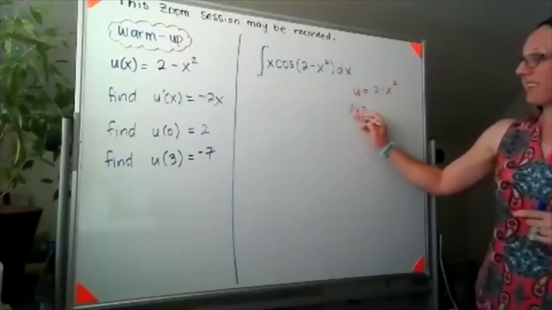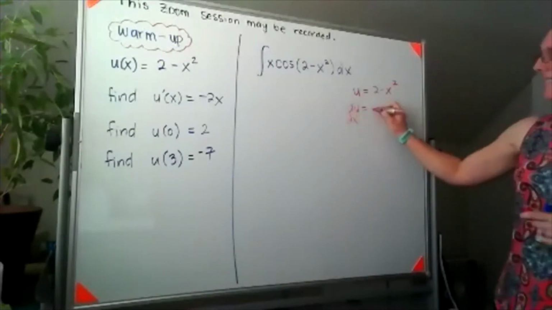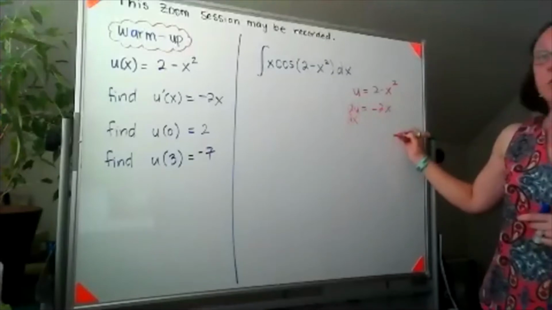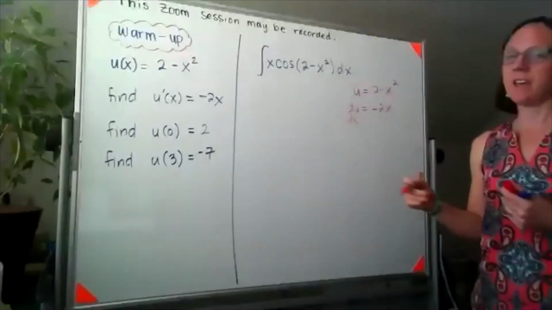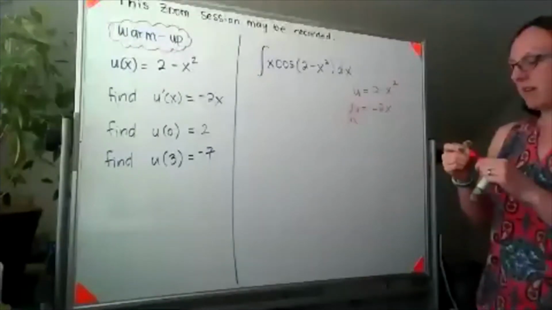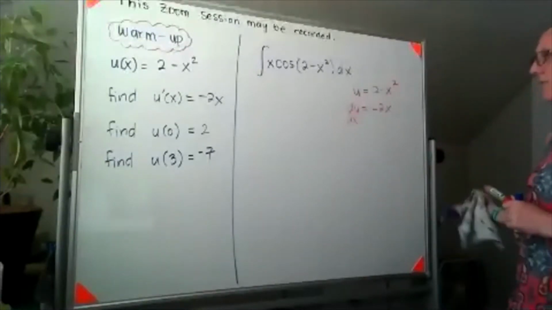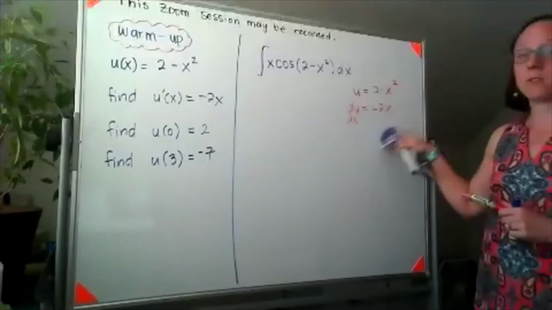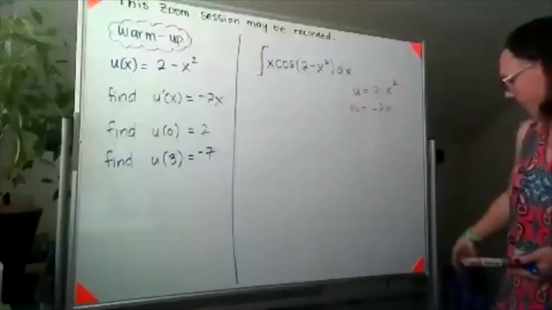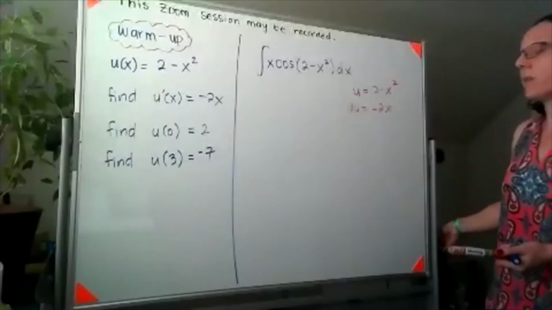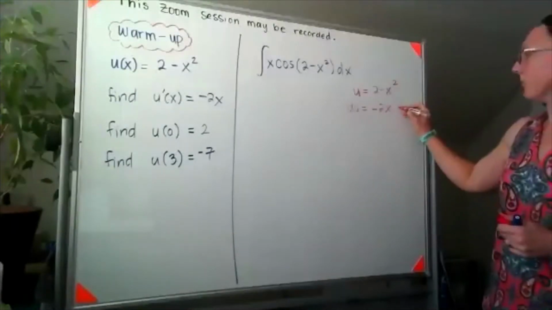We could write this as du over dx is equal to negative 2x. But one of the things that we did in 17a, we talked about differentials. And so we actually want to write this as a differential, meaning I'm going to multiply both sides by dx, which is going to leave me with the dx over here with the negative 2.